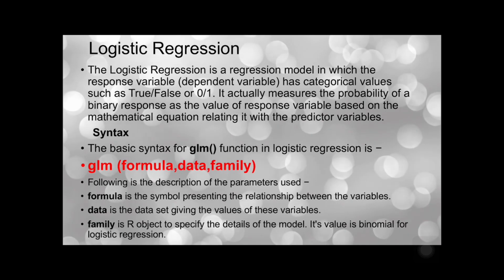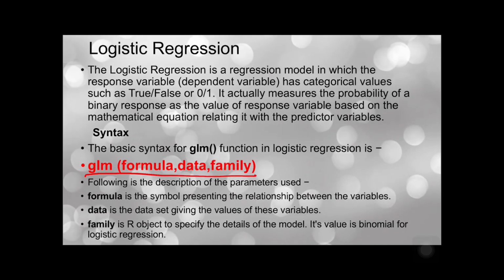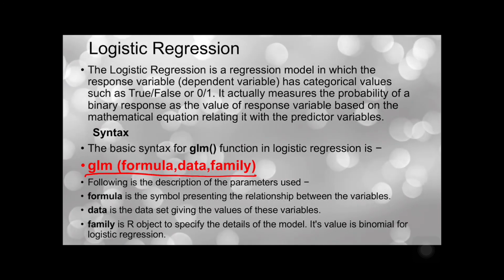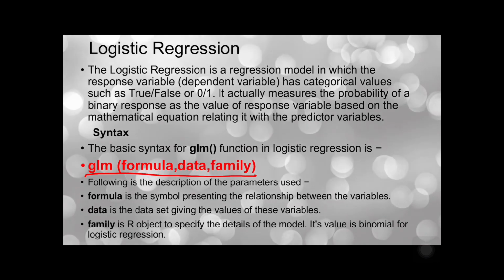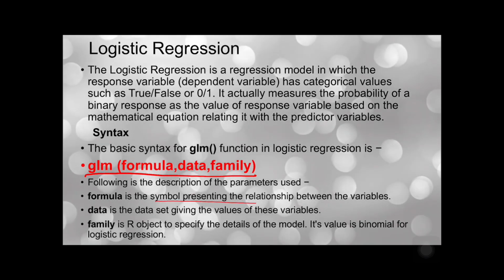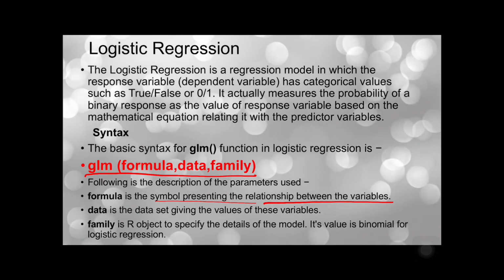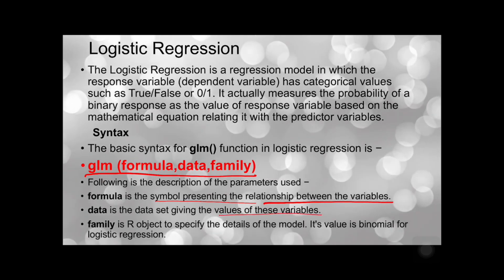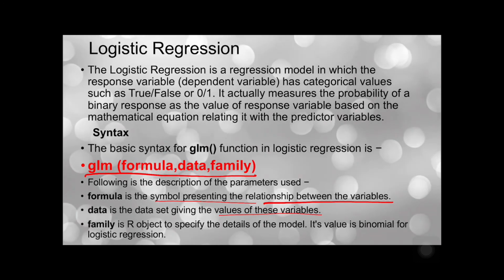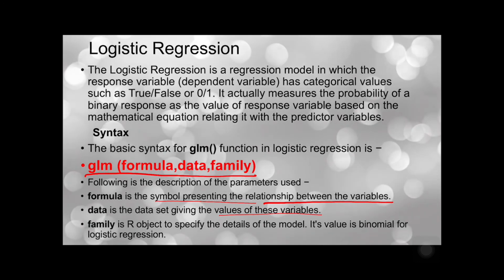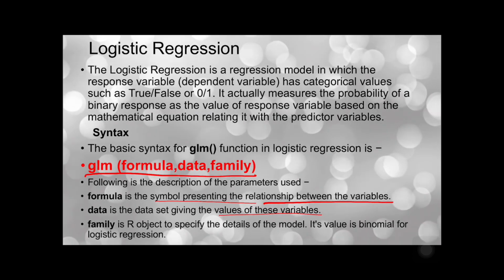Now to perform the logistic regression, we use the command glm in brackets formula, data and family. Now what do we mean by formula, data and family? The formula is the symbol presenting the relationship between the variables. Data is the data set giving the values of these variables, whereas family is an object to specify the details of the model. Its value is binomial for the logistic regression. So by default it is the binomial value.